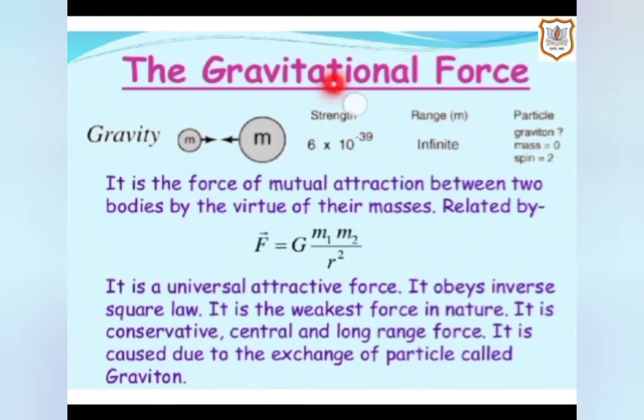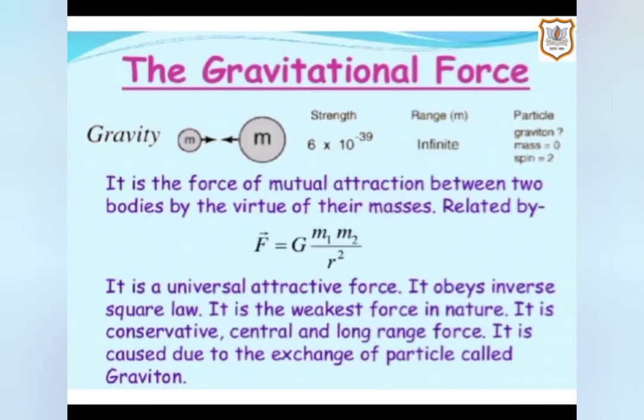See, the first force is the gravitational force. The gravitational force exists between any two masses which are present in the universe. Suppose these are the two masses M, that is capital M, and small m. This force which acts between the two masses is given by F is equal to G m1 m2 by r square.